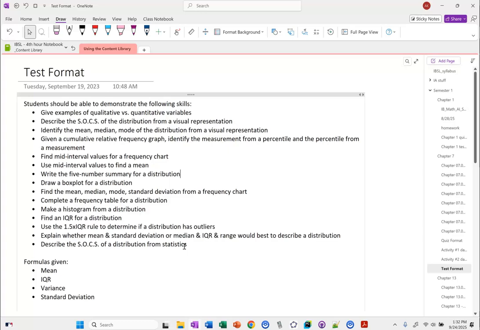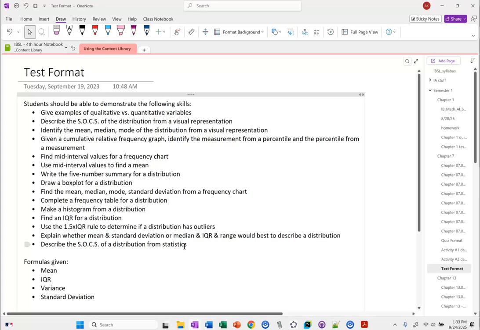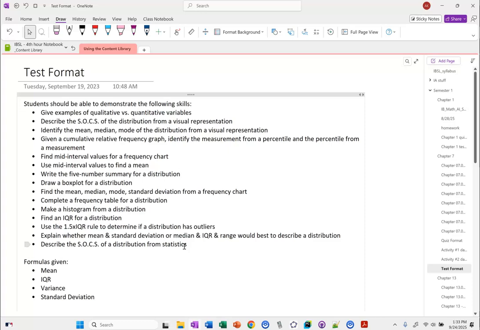Okay? Would I mark you down if you did a mean and standard deviation when you should have done median and IQR? Yup. Even if you did a valid description of SOX, it would still be a deduction for using the wrong descriptors. And then the formula is given: mean, IQR, variance, standard deviation. I think it's the same formula sheet as on that quiz 2.